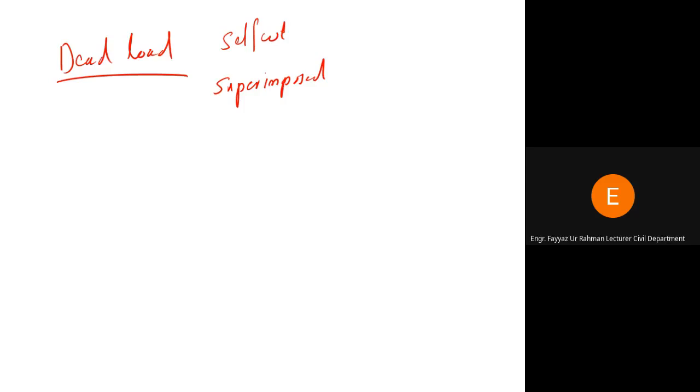They are basically categorized as superimposed dead loads. So there are two types of dead loads: self weight and any other permanently attached loads to the floor. Clear?